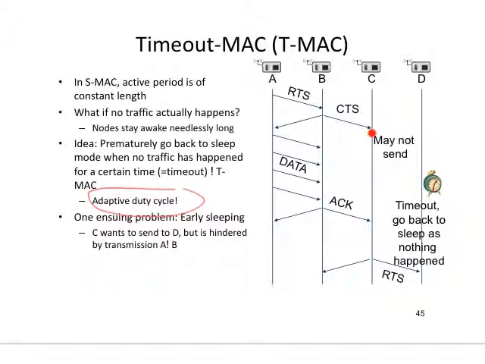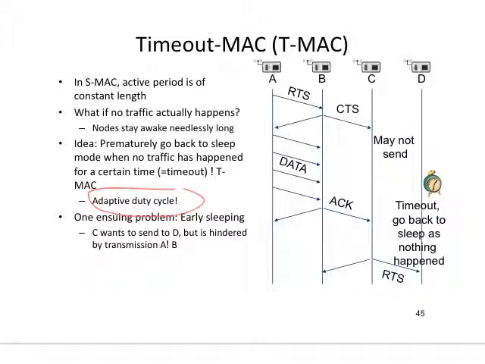So it knows that it's not part of the communication. But for C, there is some traffic going on. So this is an indication for me that it's not wise to prematurely go to sleep, because there is some activity happening on the network. It's not wise for me, even though I'm not part of this communication, because there is some traffic, to go prematurely into sleep mode.